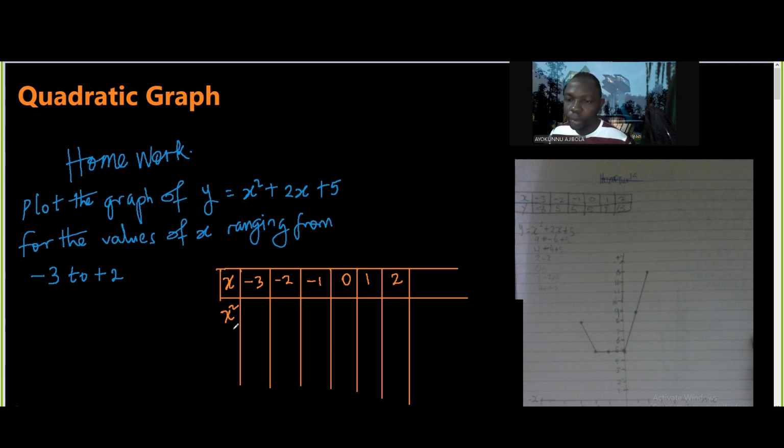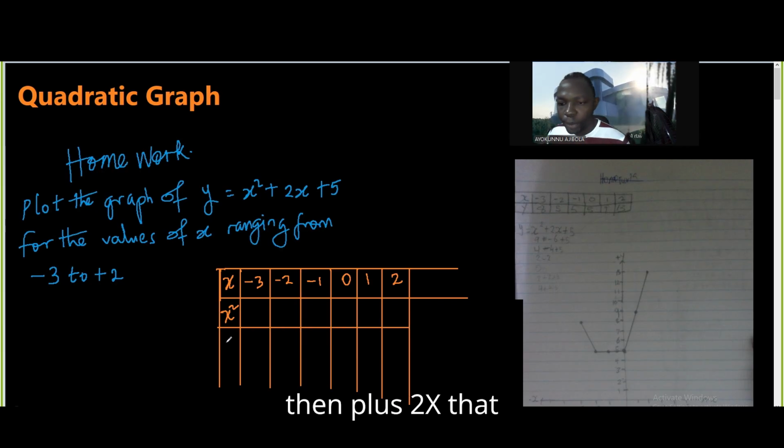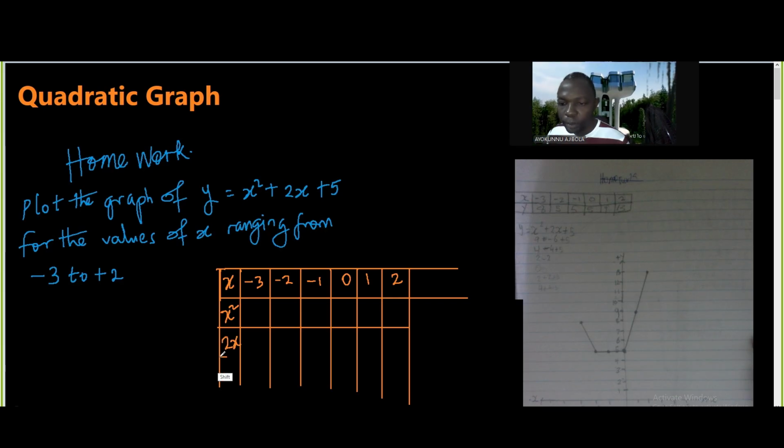So x squared, then plus 2x, that is 2x, and plus 5.